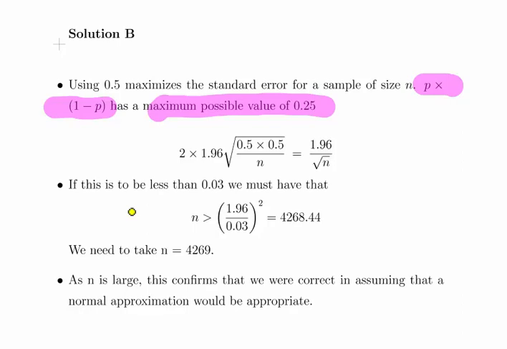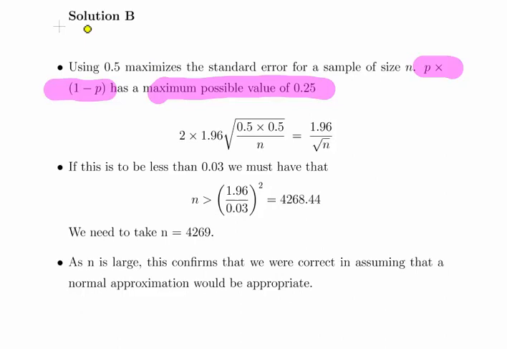Okay, actually, sorry, here I use p, but in this case it would be theta times 1 minus theta. p is more conventional notation for proportions. So apart from that, exact same calculation, and we get an answer of 4,268.44, which we round up to 4,269. Okay, so that's it. We'll leave it there.